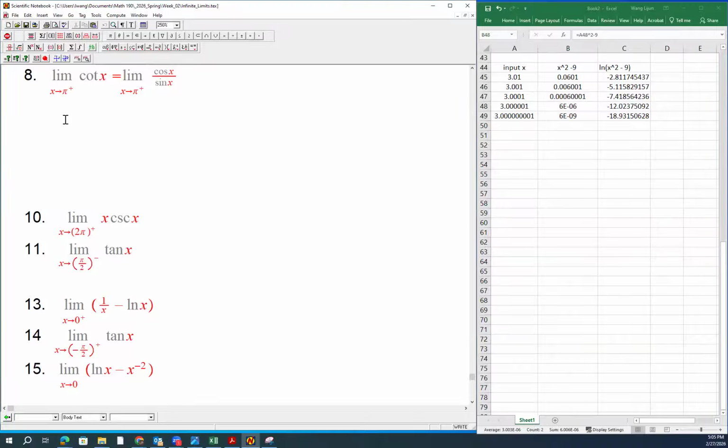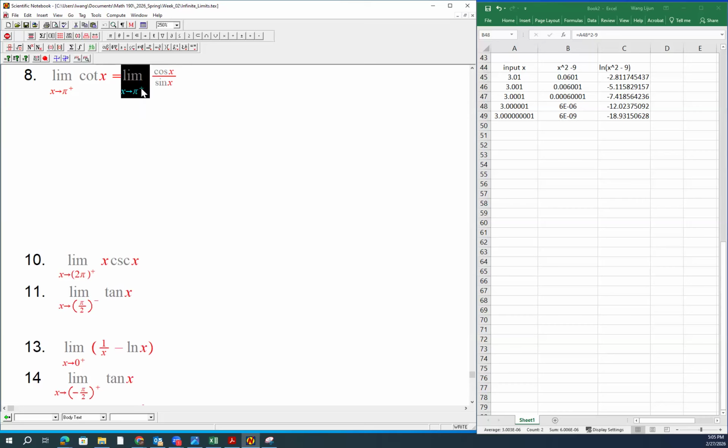So what we know is as x approaches pi from larger than pi, sine x is approaching 0. But whether it's from larger than 0 or smaller than 0, we need to figure that out.